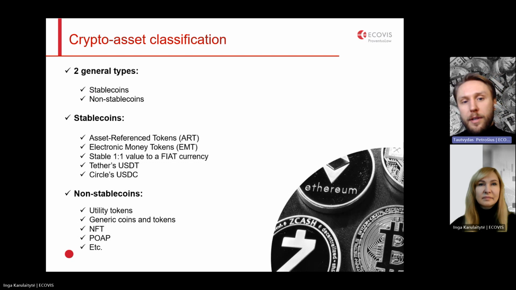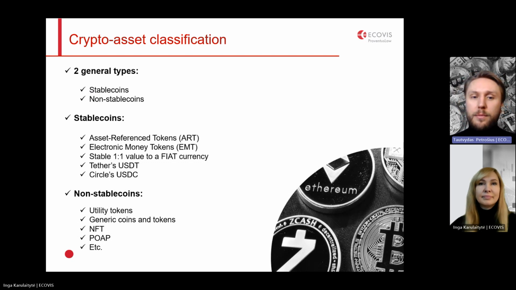Now, in terms of non-stable coins, these are all other crypto assets within the regulation's definition that may not even be coins or tokens, whose price may fluctuate based on their demand, or those that are used for a very specific utility. And quite honestly, the list goes on and on.